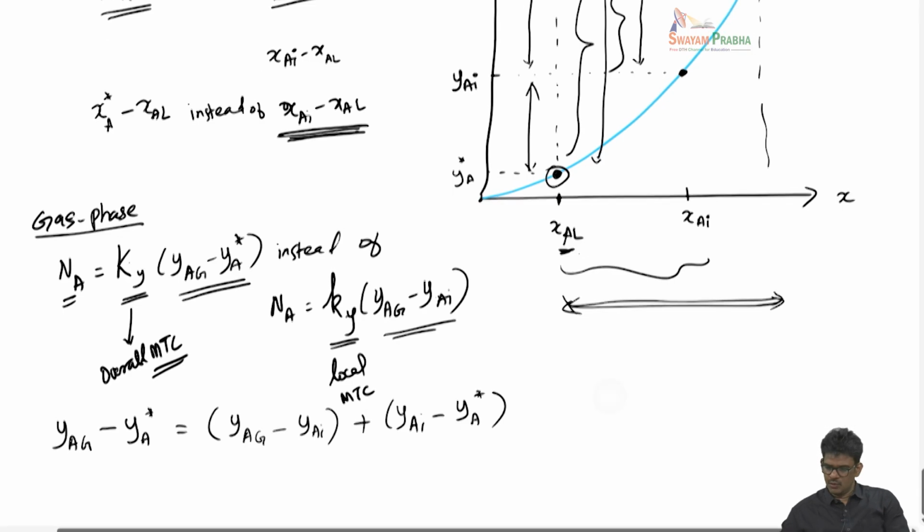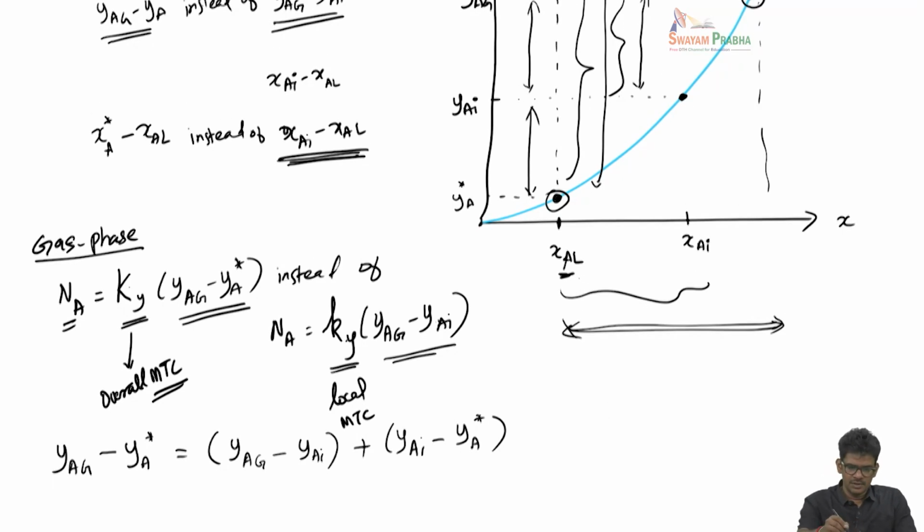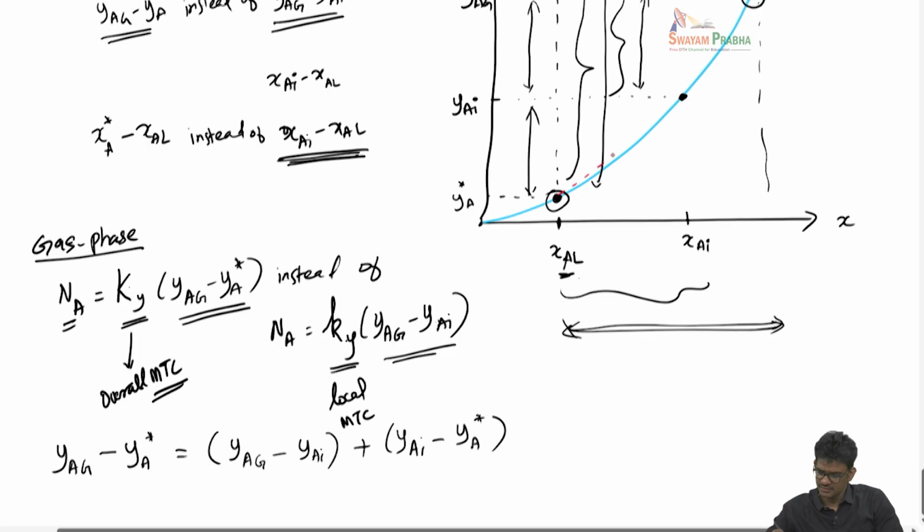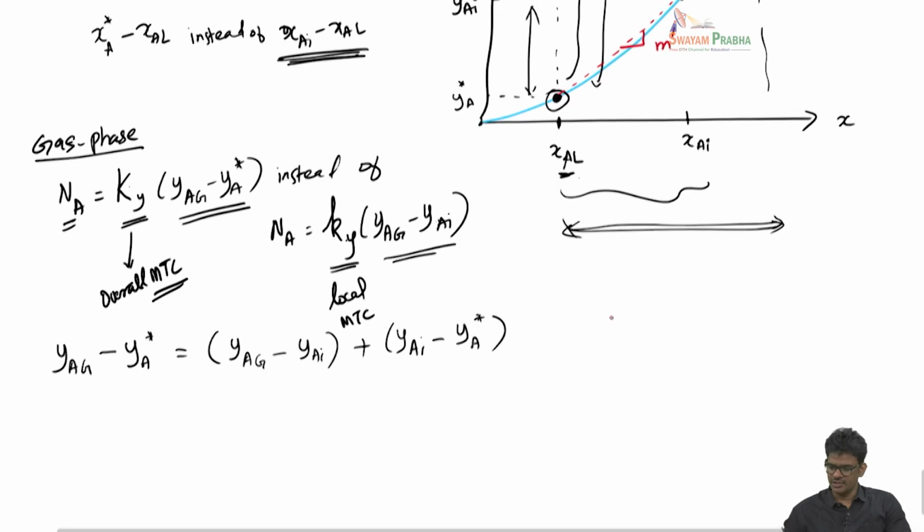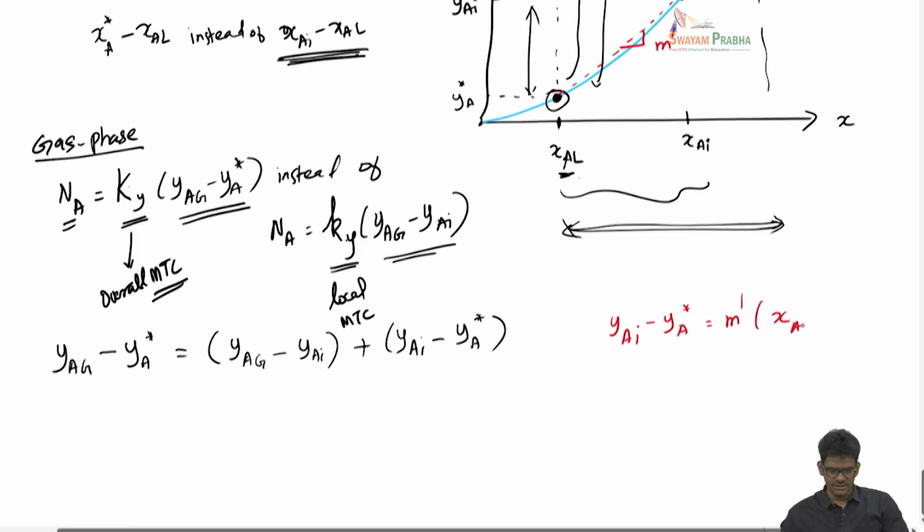Now what we are going to do is draw a line here connecting these two points, YA star and YAG, and let's say this particular line has a slope m prime. So that I can write that YAI minus YA star is equal to m prime times XAI minus XAL.